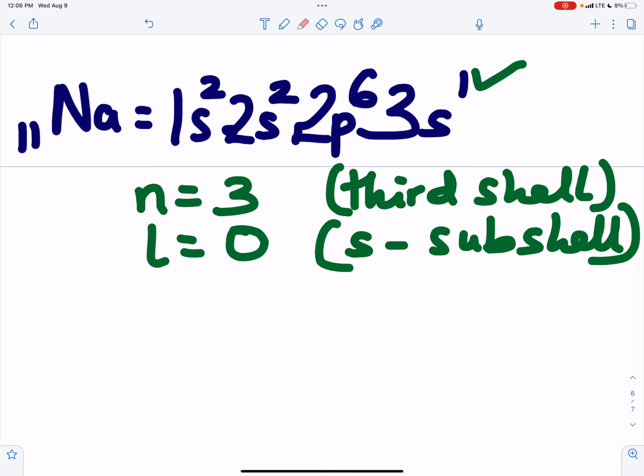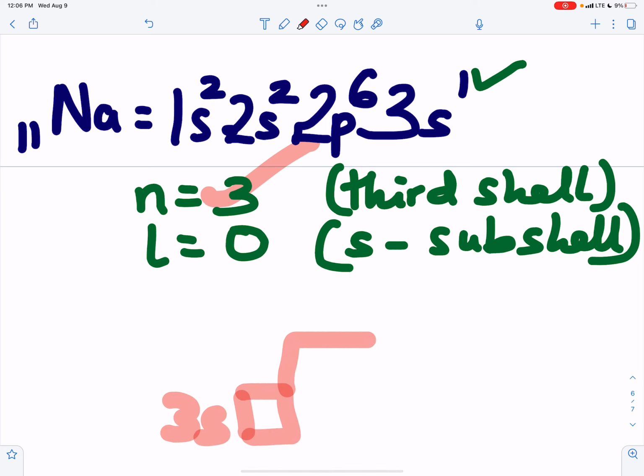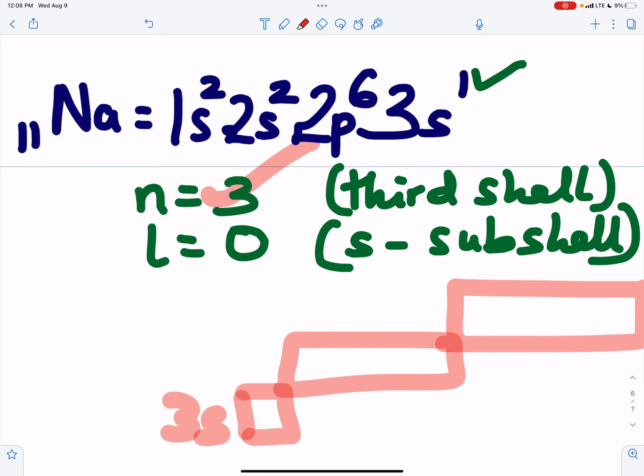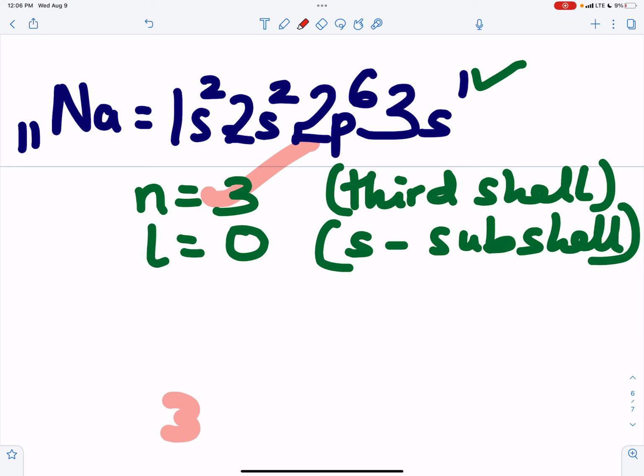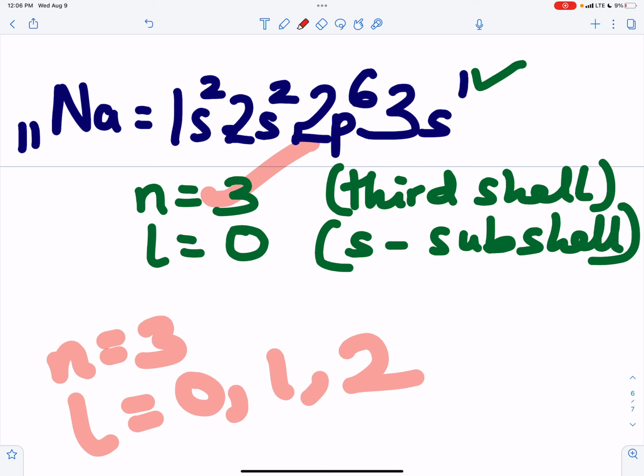The electron is in the 3rd shell, but in that shell you have 3 subshells: 3s, 3p, and 3d, much larger than 3p. But this electron is in the s subshell, so its value for the subsidiary quantum number will be 0. Because when n is equal to 3, the possible values of the subsidiary quantum number are 0, 1, and 2. Take note of that.